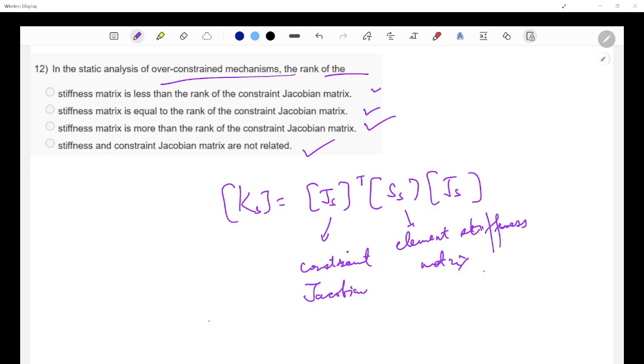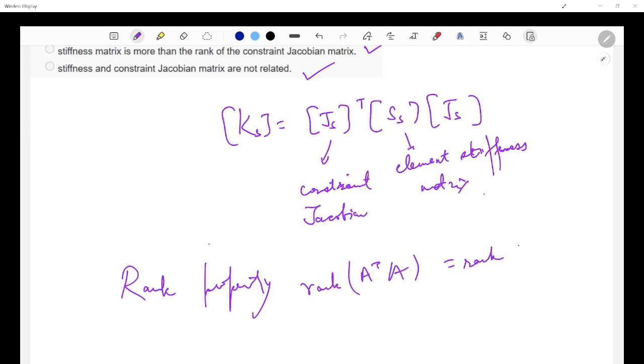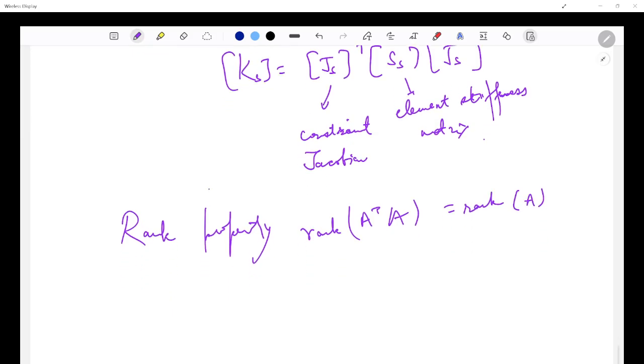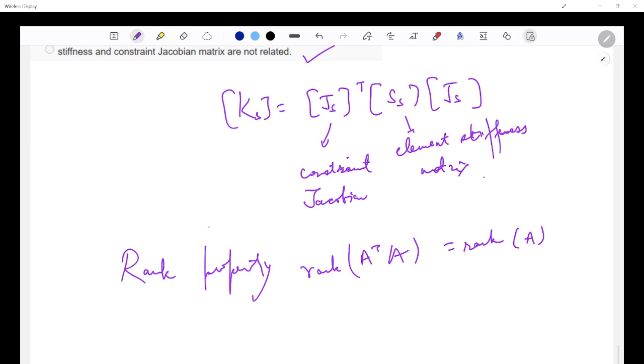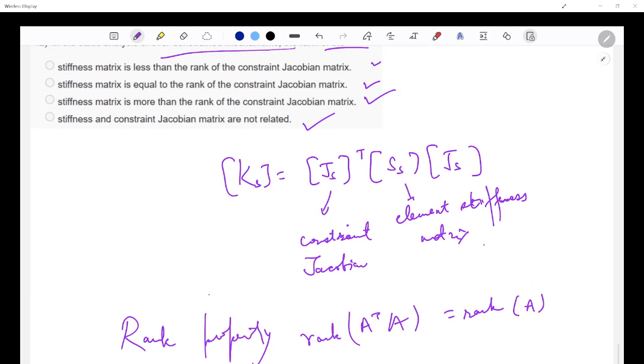Okay, so if we apply the rank, from here rank of A transpose A is equal to rank of A, right? So if we apply the same logic here, rank of KS should be equal to rank of JS. So stiffness matrix and Jacobian have the same rank.